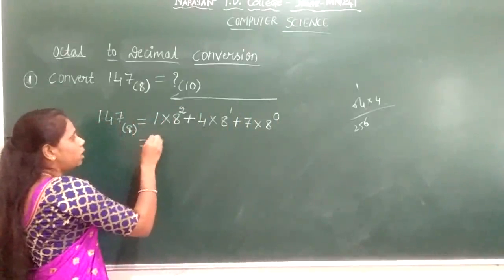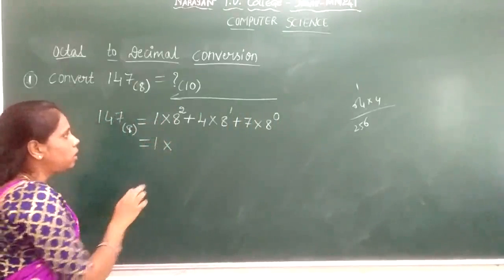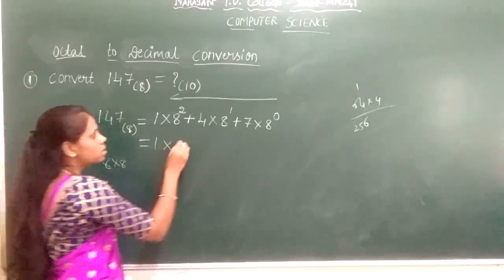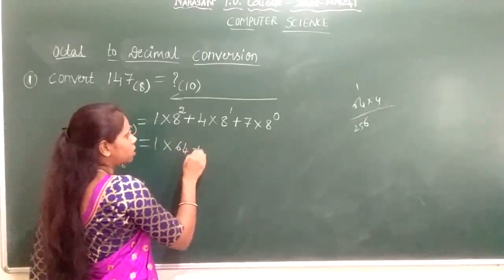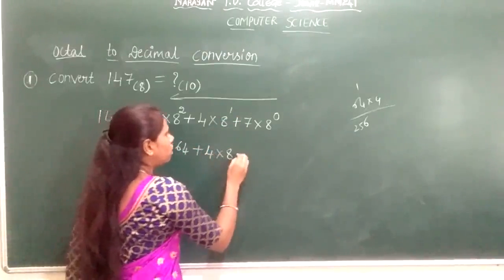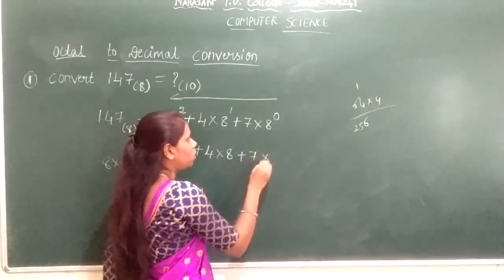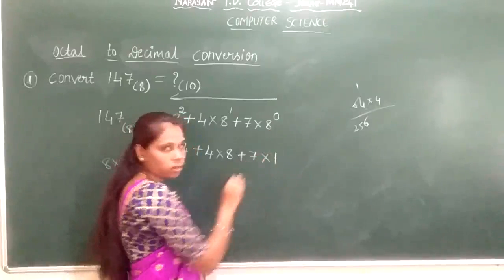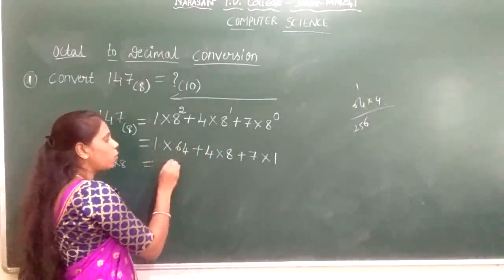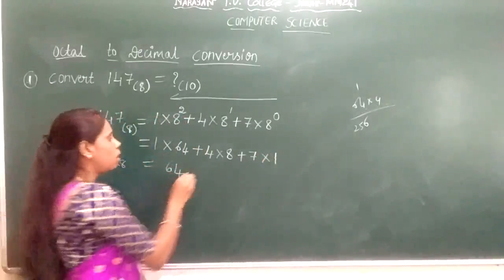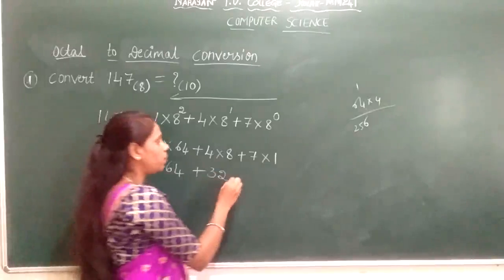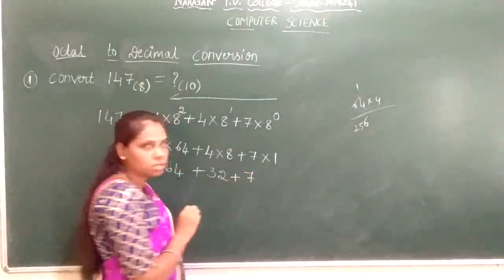Now 1 into 8 power 2, 8 square is nothing but 8 into 8, 8 8s are 64, plus 4 into 8 power 1 is 8, plus 7 into 8 power 0 is 1. Anything to the power 0 is always 1. Next 64 into 1 is 64 plus 4 eights are 32 plus 7 into 1 is 7.